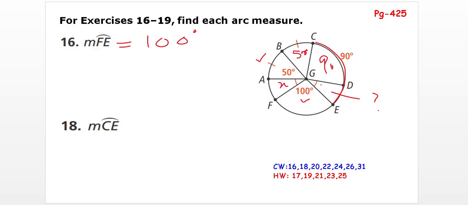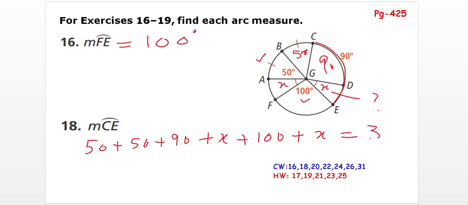So can we name it X? And this one will be the same as X, because they put these symbols to show that both of them are the same. So to find the value of X, you can say 50 plus 50 plus 90 plus X, plus 100, and then plus another X. All of these, if you add them, it becomes 360.